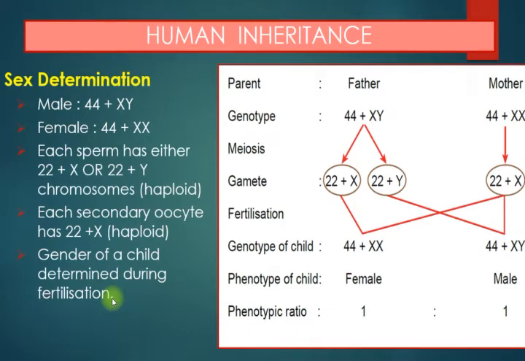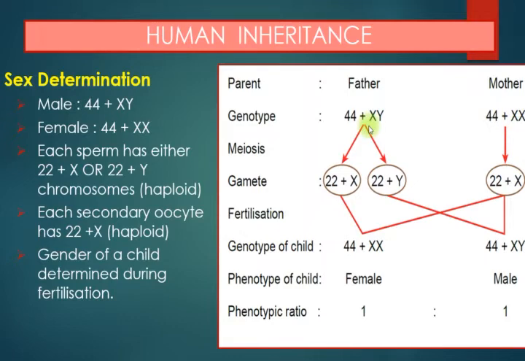Fertilization. Let's take a look at an example of the schematic diagram. The parents are the father and mother. The genotype for the father is 44 plus XY, and the mother is 44 plus XX.